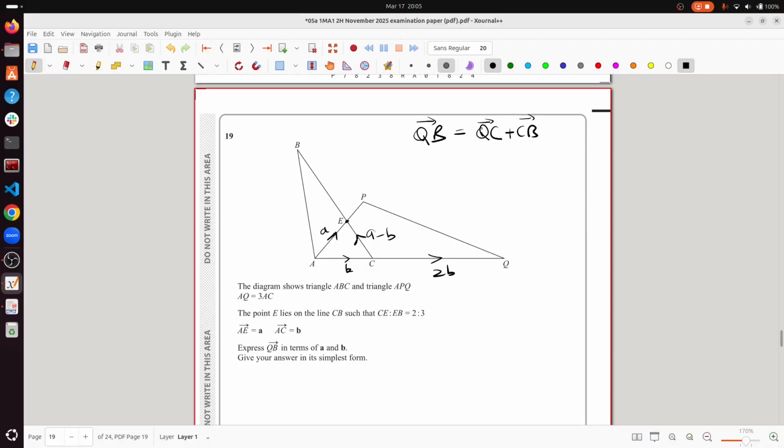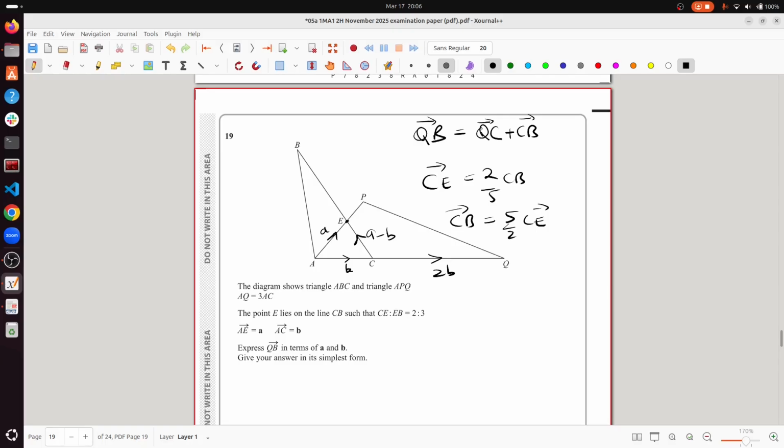We know that CE is worth 2/5 of CB. And that means that CB is going to be 5/2 of CE.